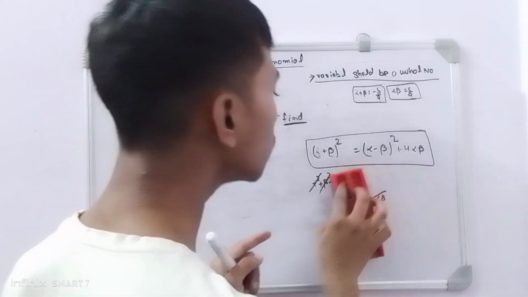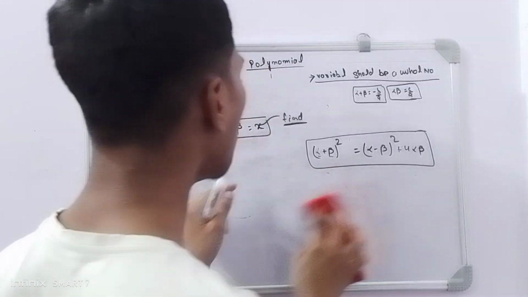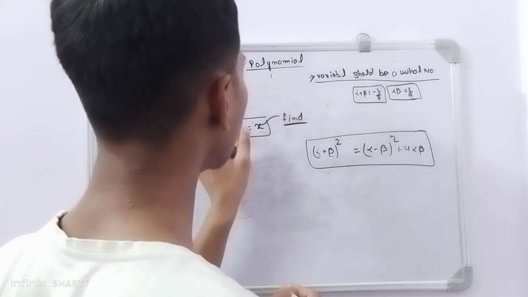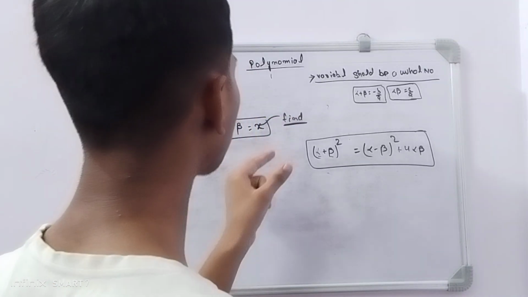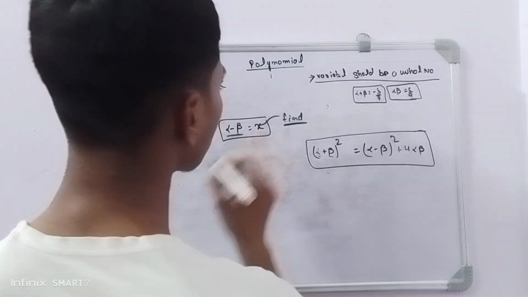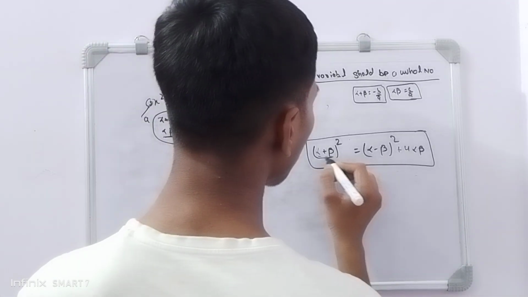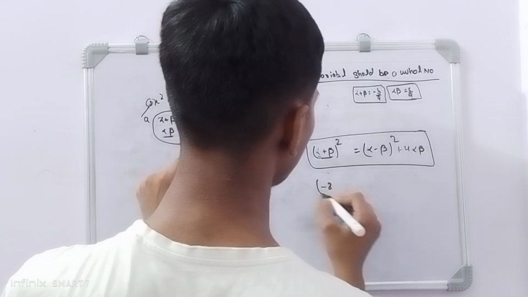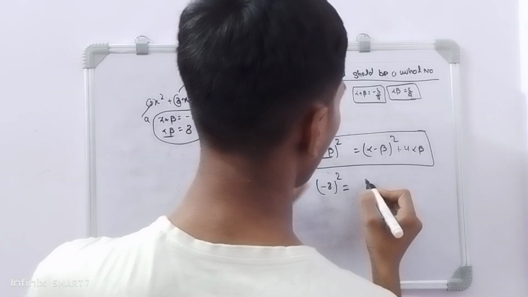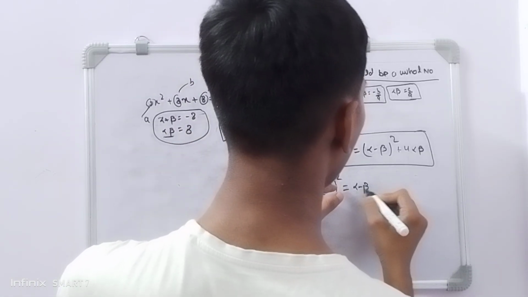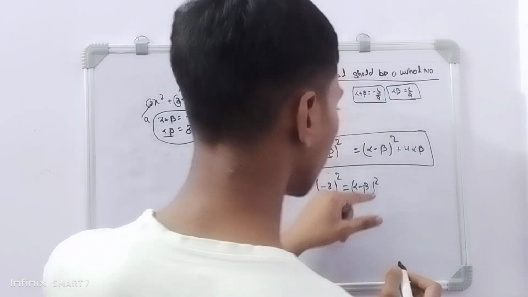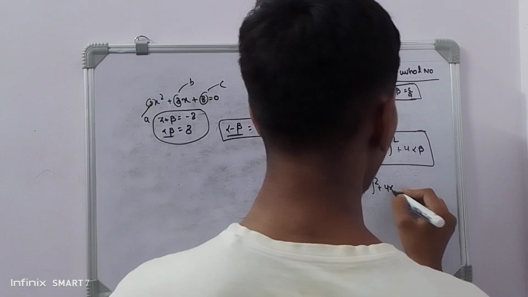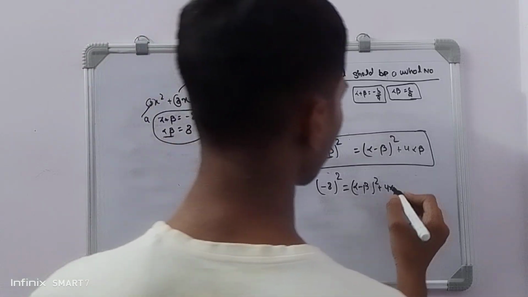So we have to use this identity to find the value of alpha minus beta, which is equal to x. That means we have to find the value of x, which is equal to alpha minus beta. As you know, alpha plus beta is minus 8, so minus 8 whole square is equal to alpha minus beta whole square, which you don't know the value of, so let's keep it as it is, plus 4 into alpha into beta, and you also know that is 8.